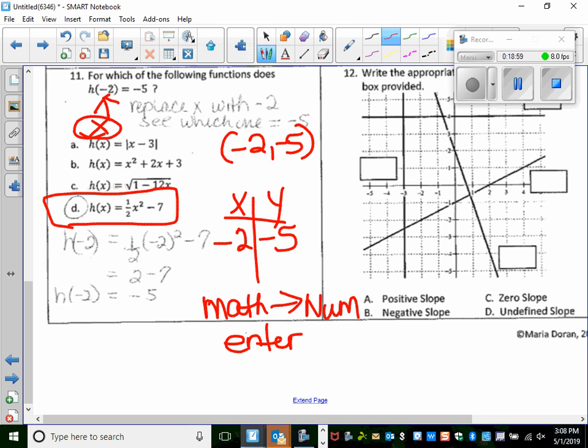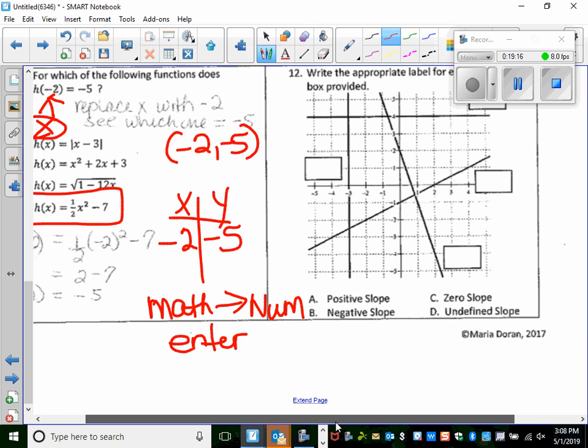Nope, -2 actually pairs up with +5. All right, so you could actually do this problem if they're giving you x and they're giving you y, you could type them in and see if you see them. Okay. All right, let's take a look at number 12.